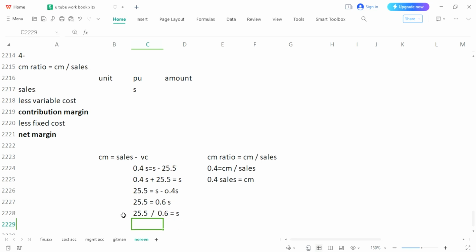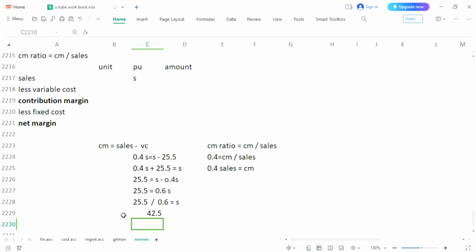Just S. Statement is completed. We can calculate now 25.5 divided by 0.6. So we have got our new sale price. Why have we calculated this?